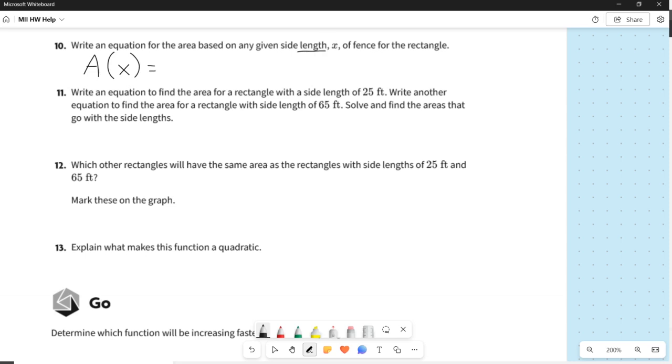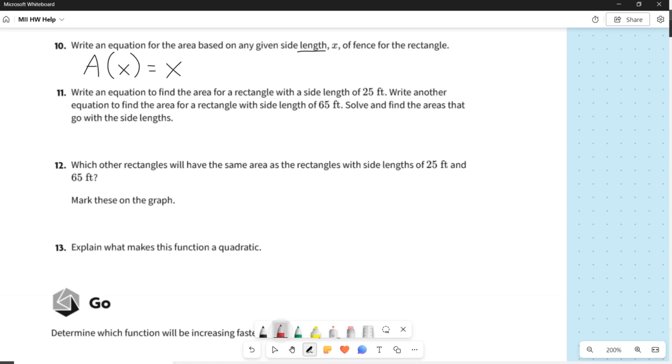And we know that the area of a rectangle is length times width. So if our length is x, we know that it's going to involve x, right? That's our length. Now, for the width, what we do not want to do is introduce a second variable here.